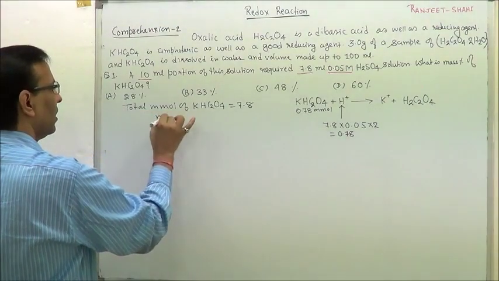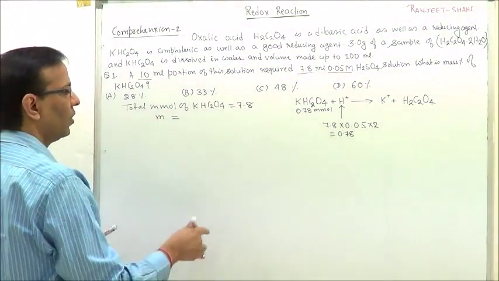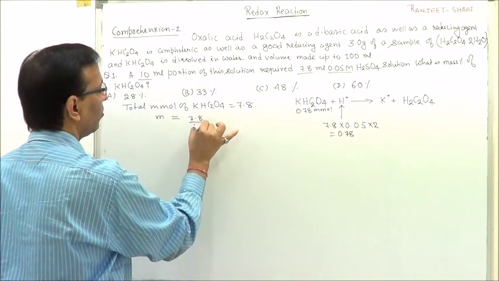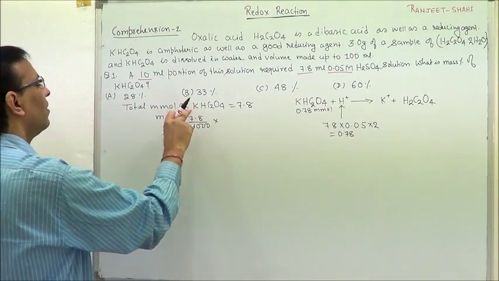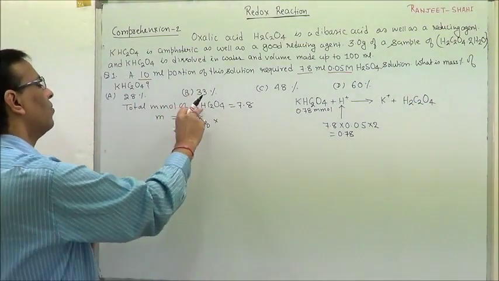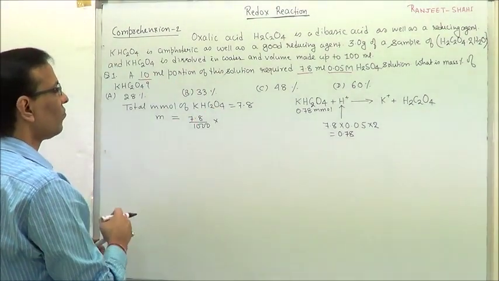So mass of KHC2O4 would be 7.8 divided by 1000 into its molar mass. Its molar mass: potassium is 39, hydrogen is 1, so 40, plus C2O4 is 88, 128.